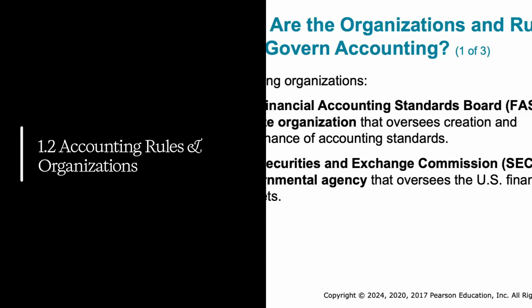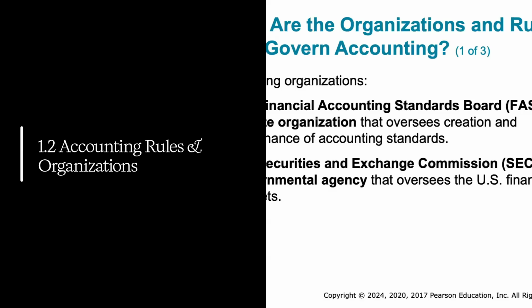Accounting is governed by different bodies depending on where you're at. The first thing, when we're talking about who's looking at what kind of regulations and how to do certain transactions, is the FASB, the Financial Accounting Standards Board, the private organization that oversees creation and governance of accounting standards. They monitor GAAP.